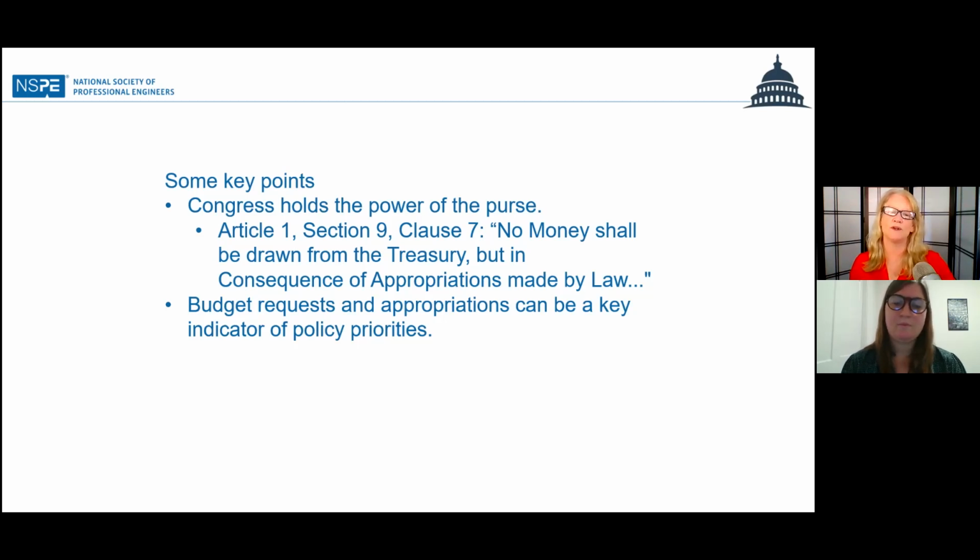It's also important to note that budget requests and appropriations are a key indicator of policy priorities. And not just for the president, though that's what we hear about most often in the media, the president's priorities.